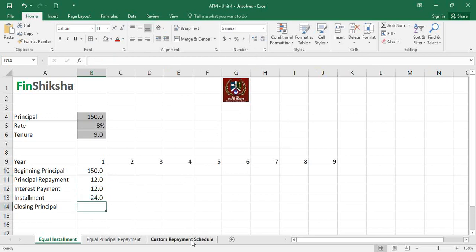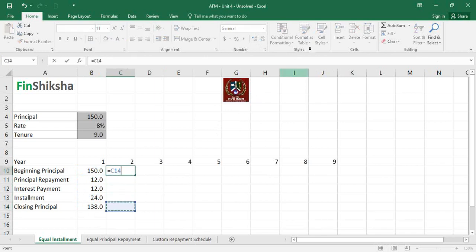What that means is that the closing principal should be 150 minus how much have we paid? 12. So that's 138 approximately. 138 is what we get as the final closing principal, correct? So that's basically our discussion around equated installment. Now, what we can do is we can put the next year opening principal as the same as last year closing principal.